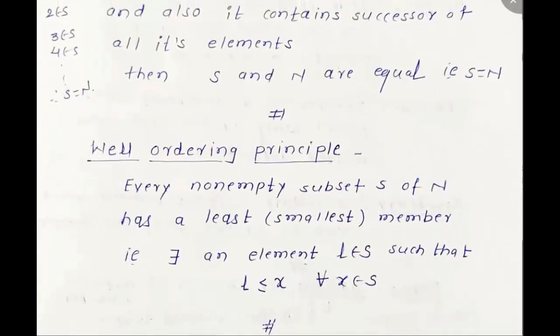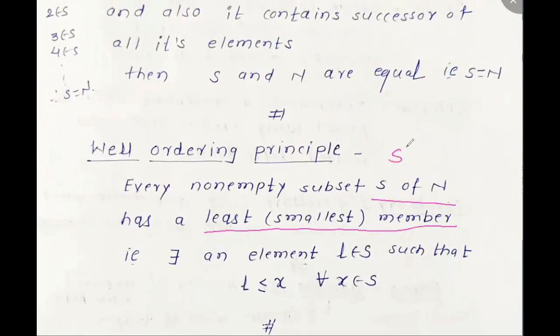Now next, the well ordering principle. Every non-empty subset S of N has a least member. Least means smallest number.